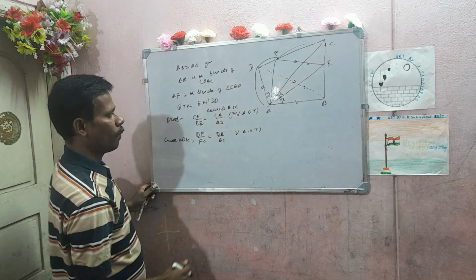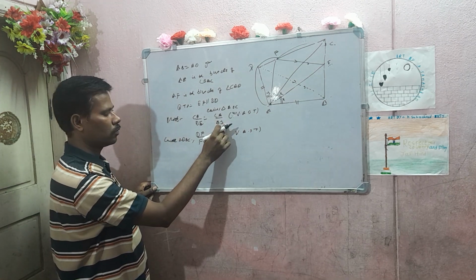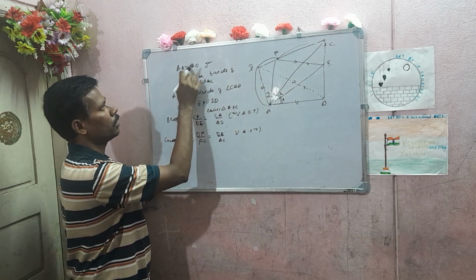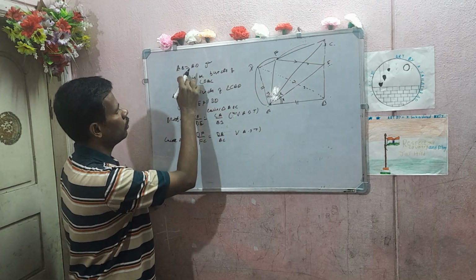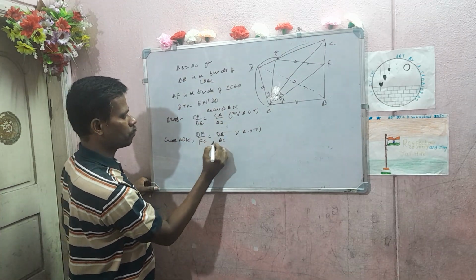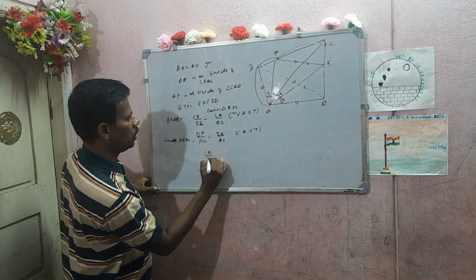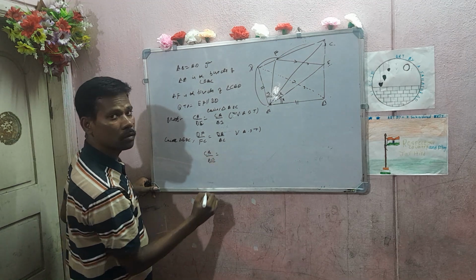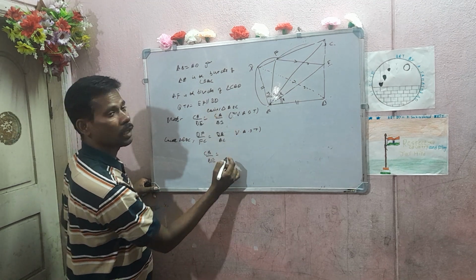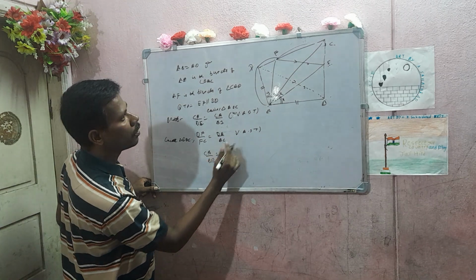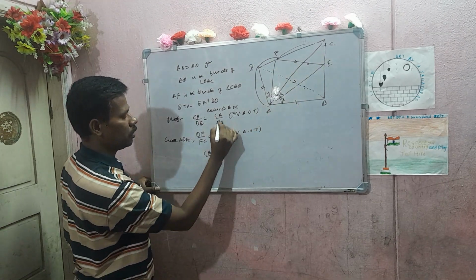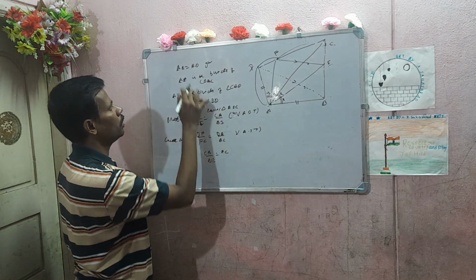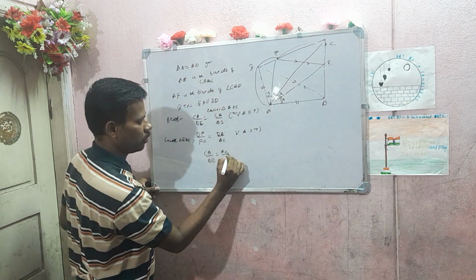Yeah, here you are getting a hint, no? In place of AB, you can write AD. CE by BE is equal to AC, you write as it is. What is AB? AD.